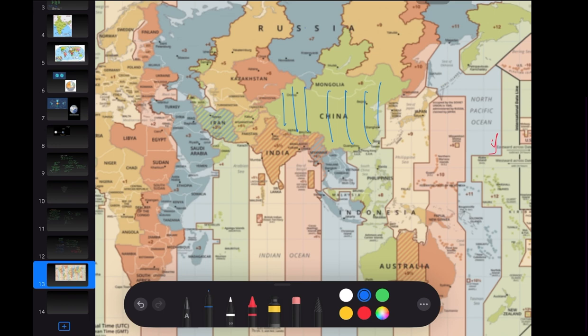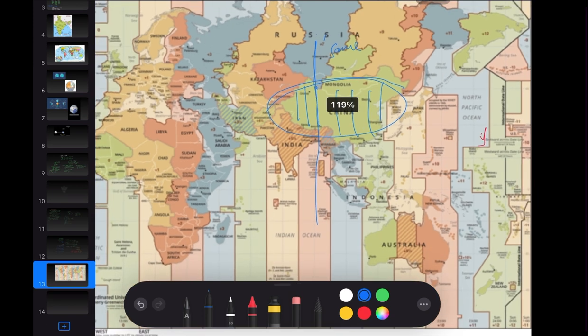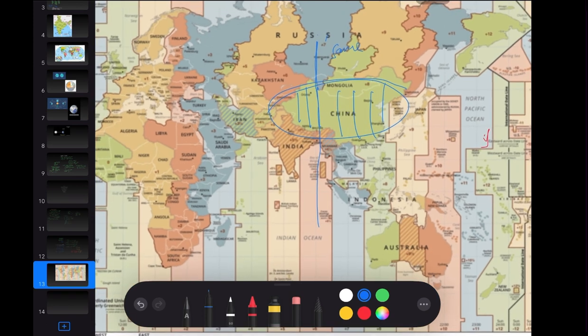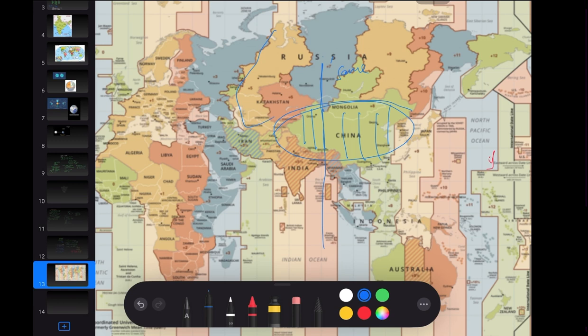A country on one longitude experiences the same time, while a country with more longitudinal extent has more time zones. For example, the Russian Federation has 11 time zones.